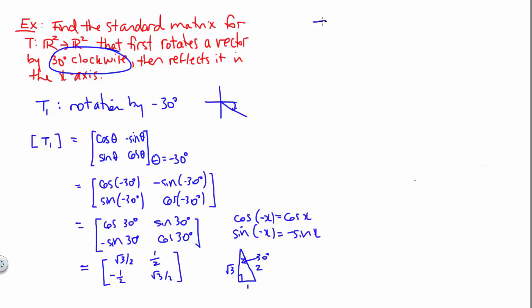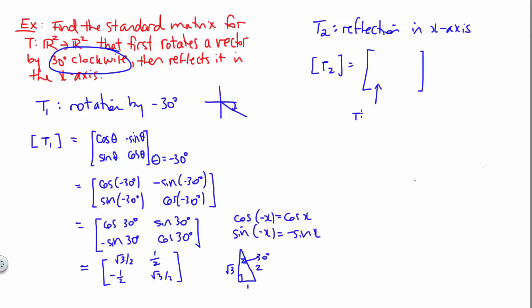Now let's look at the second step in our transformation. Let's call that T2, and that is reflection in the x-axis. To get the standard matrix for T2, we're going to think about the definition of the standard matrix. What goes into the first column is the image of the first standard basis vector, so the image of the vector 1, 0.